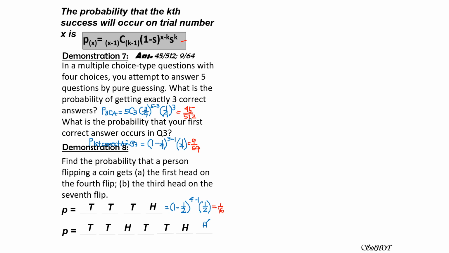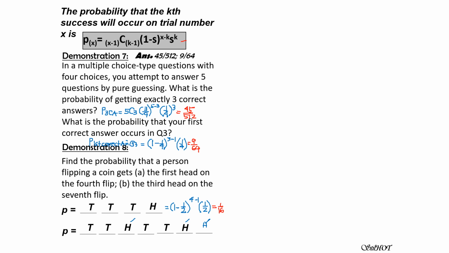And arranging these elements would be combinations of 6 objects taken 2 at a time, because there are 2 heads here. Then times, if you use the formula, probability of failure, there are 4, so the power should be 4. Probability of failure is tail. So 1 minus s, 1 minus 1 half raised to, what's the power?